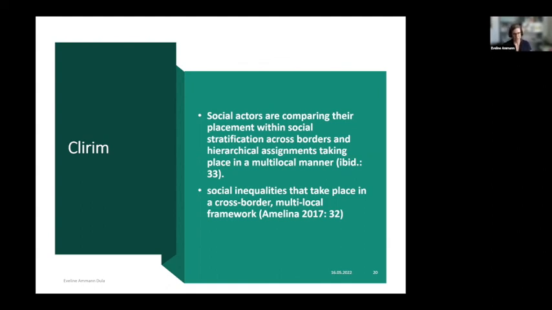So social inequalities take place in a cross-border and multi-local framework. And that makes it interesting. Also, this biographical approach enables us to consider different localizations, different places, and to link the personal experience with the structure of a society.